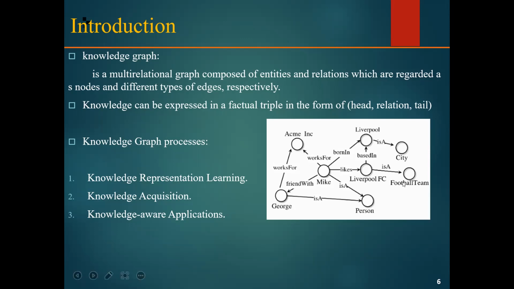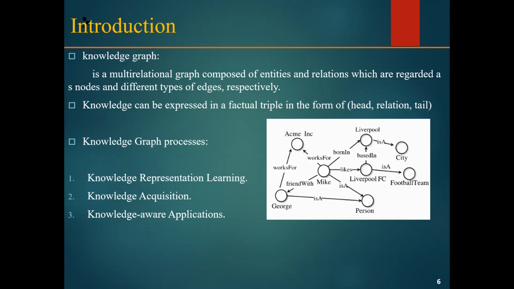How is the knowledge represented inside this graph? We express it as factual triples in the form of head, relation, and tail, consisting of the head entity, the tail entity, and the relation between these entities.